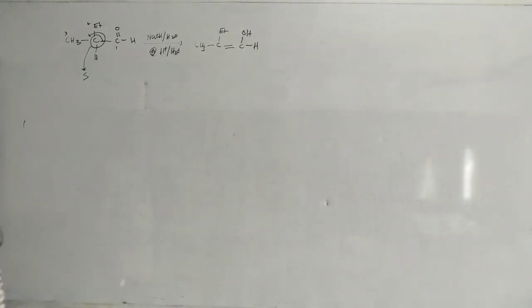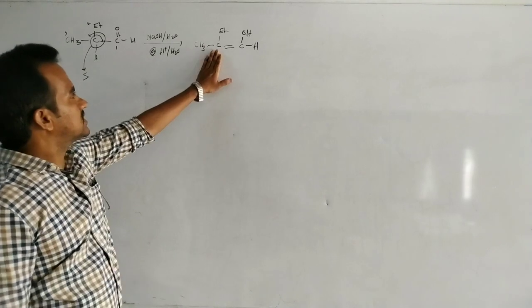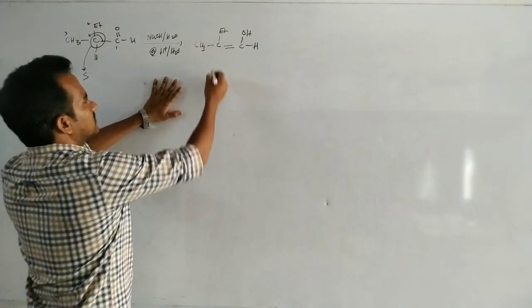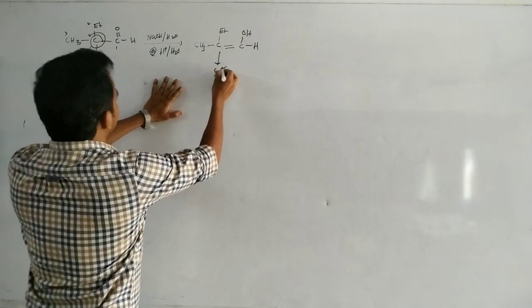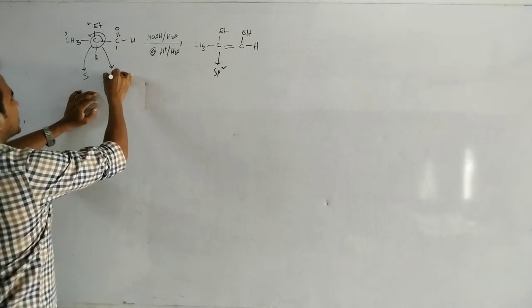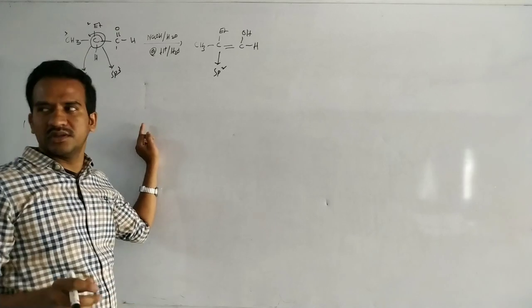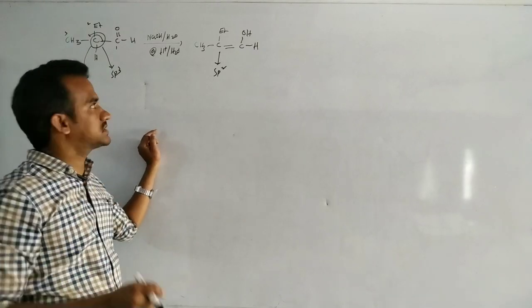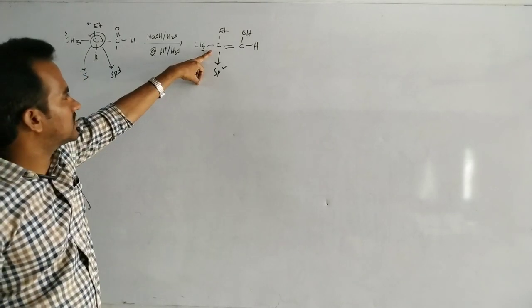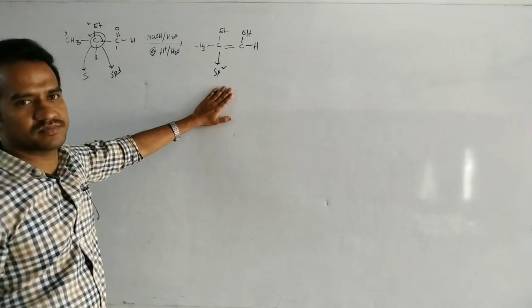So in this case, this carbon becomes sp2. Initially this carbon is sp3 and has a specific configuration S. In this case, this one is converted to sp2.